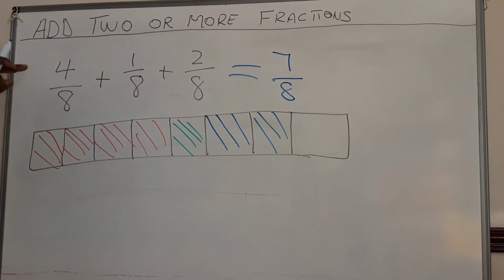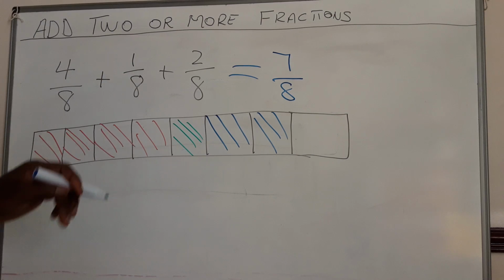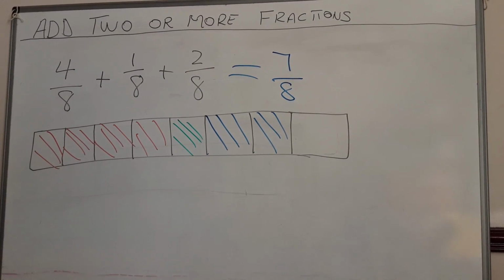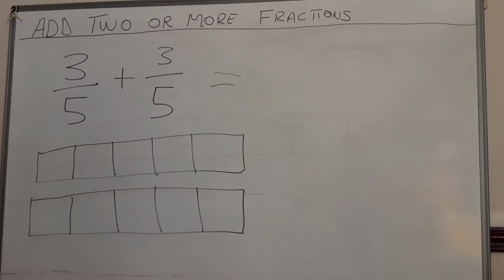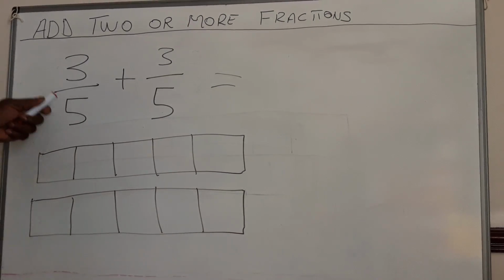So when we add 4/8, add 1/8, add 2/8, using the bar model, we get 7/8. Alright, let's work out this example as well. The question says we should add 3/5 add 3/5.